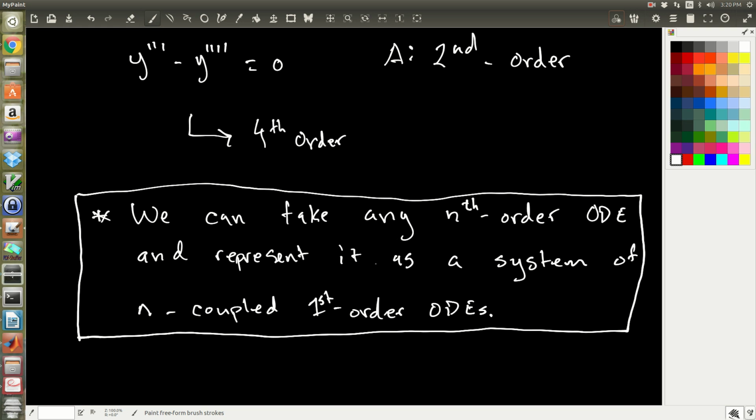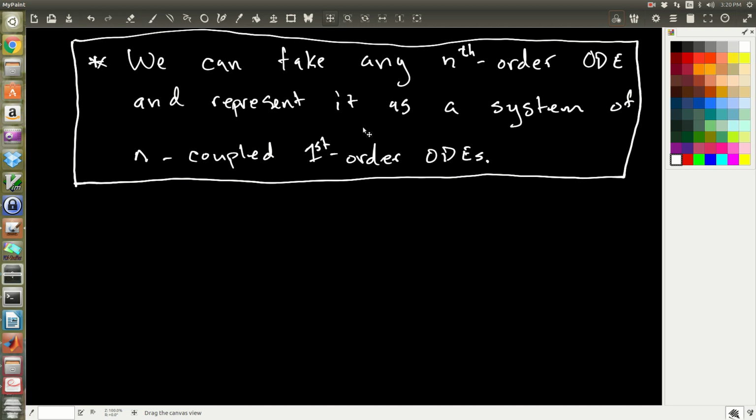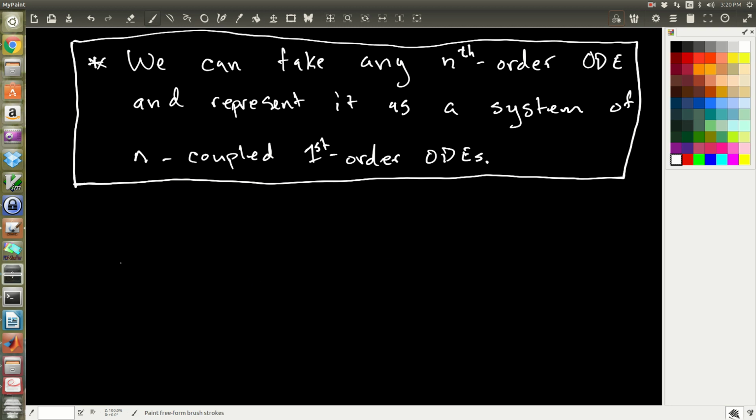So let's do an example to make this more clear. One second order differential equation that comes up in engineering is the equation that describes the motion of a mass on a spring.